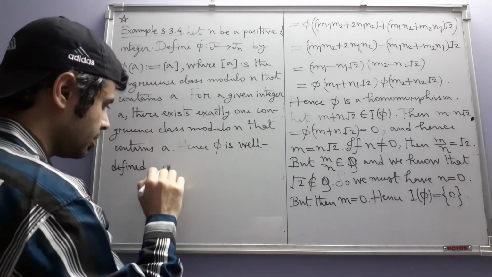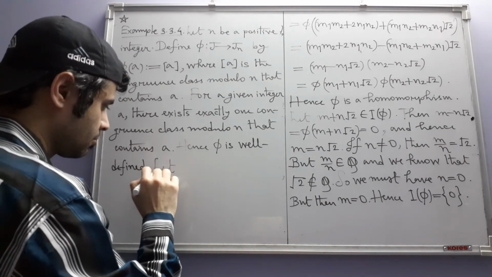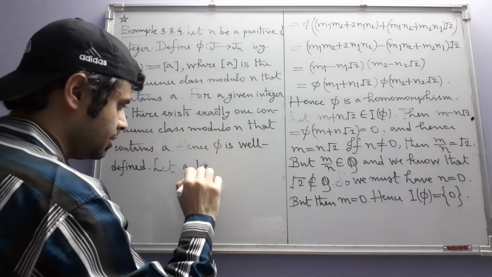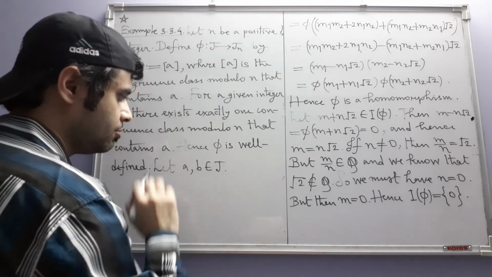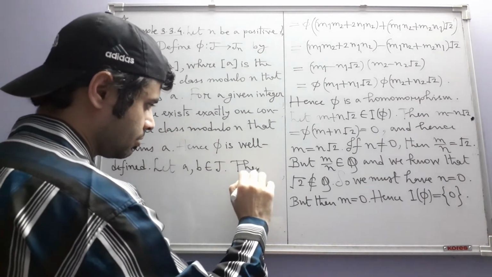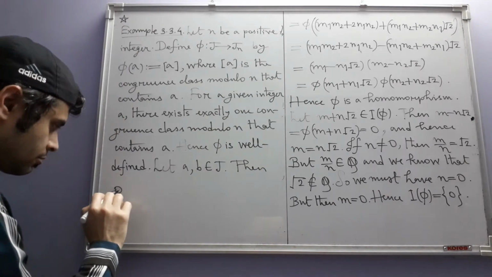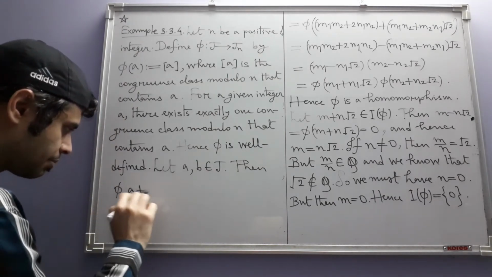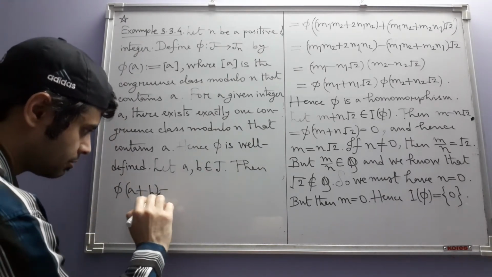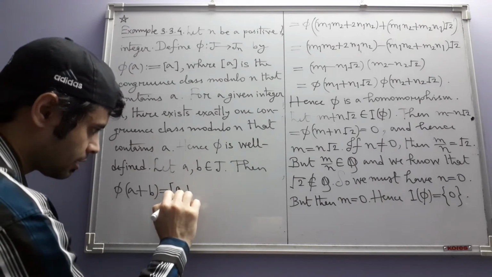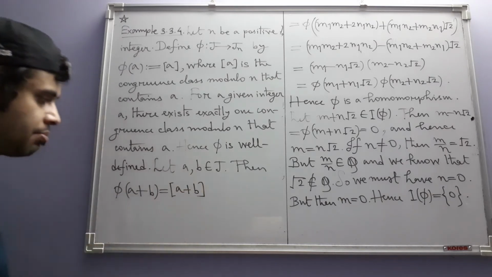So let a and b be any two integers. Then phi of a plus b is what? The congruence class containing a plus b.